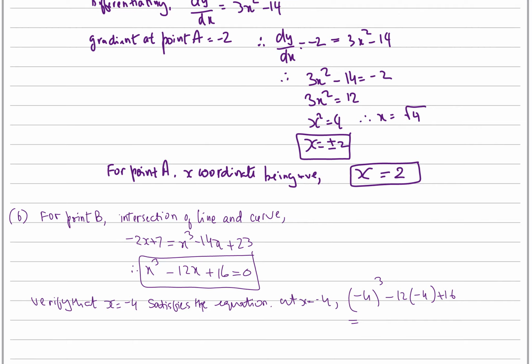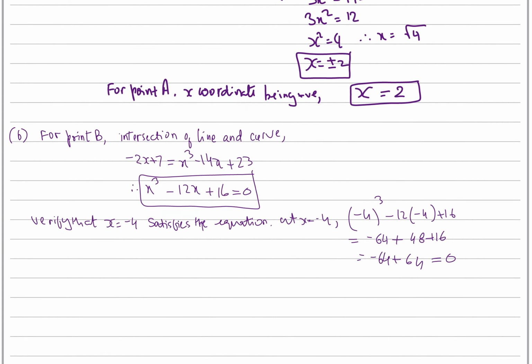That is -64 plus 48 plus 16, which is equal to 0.